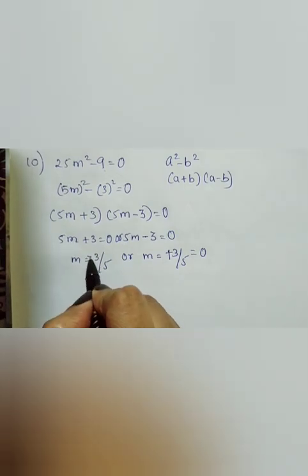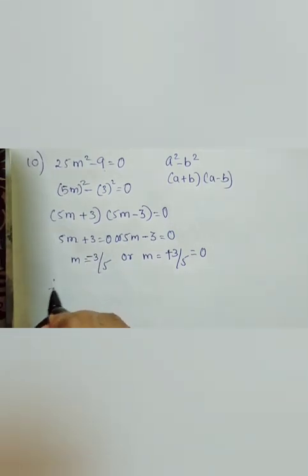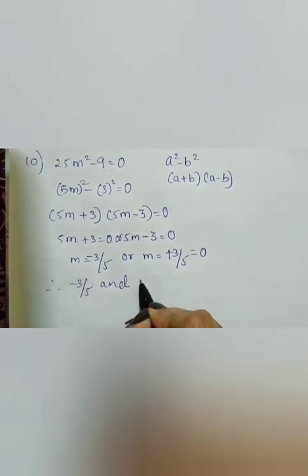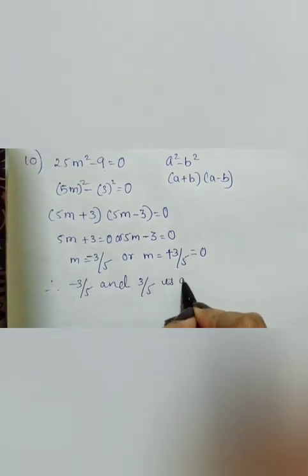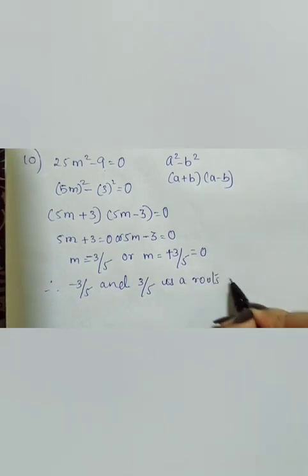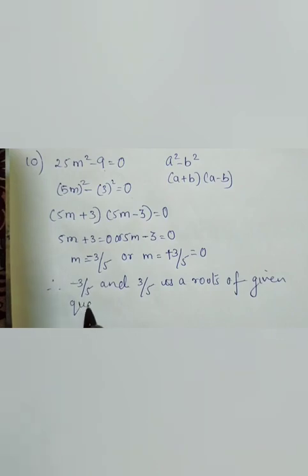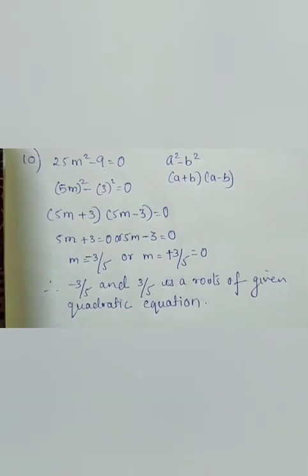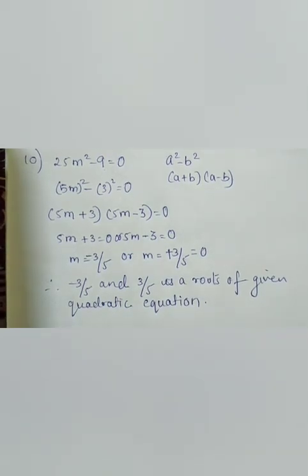Here minus sign is there, here plus will come. So therefore minus 3 upon 5 and 3 upon 5 are roots of given quadratic equation. Okay, if you follow the step, it is very easy sum.